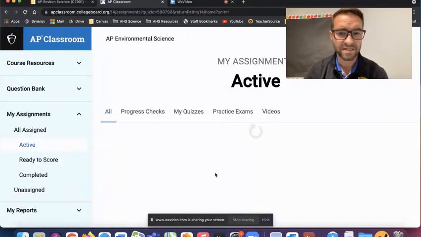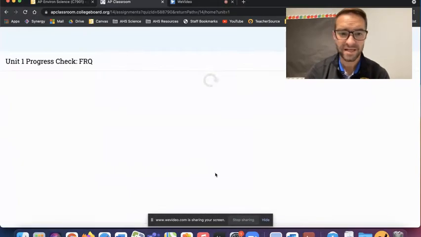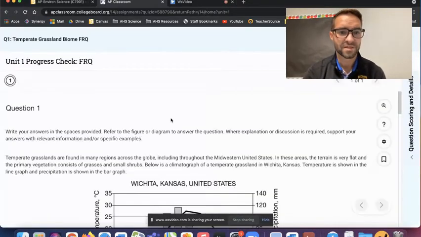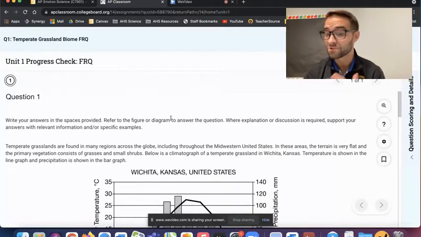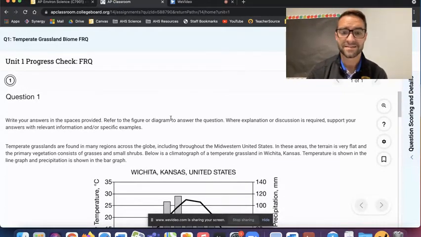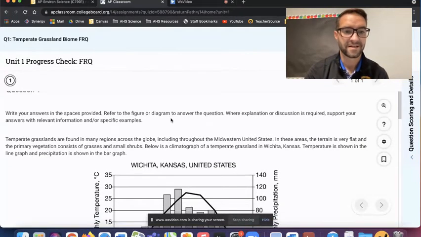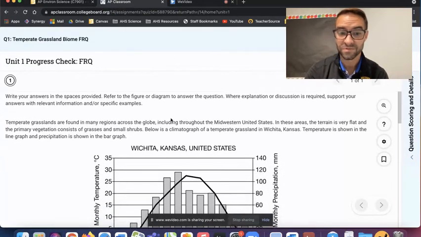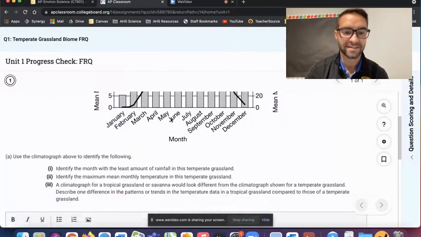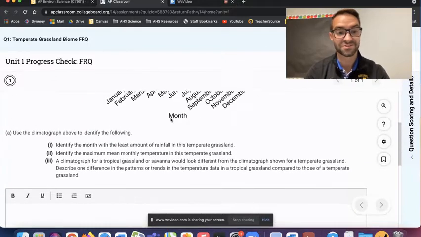If you're new to AP classes, in the AP exam there's always going to be a multiple choice portion, and then here's what's called the free response question. The free response tends to be one of the more difficult questions, and there's usually multiple layers to this.